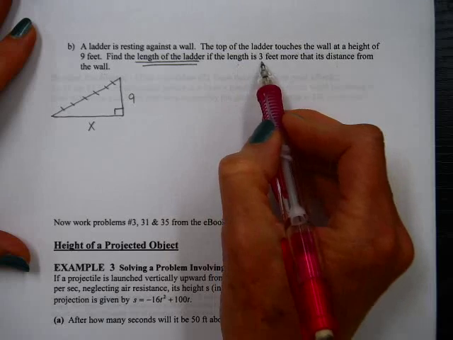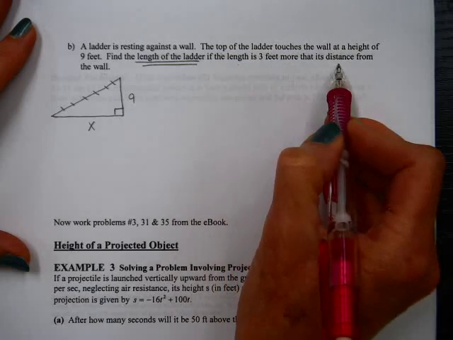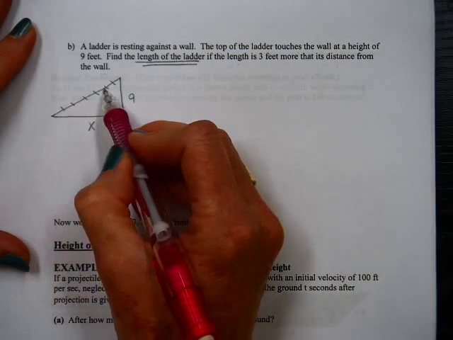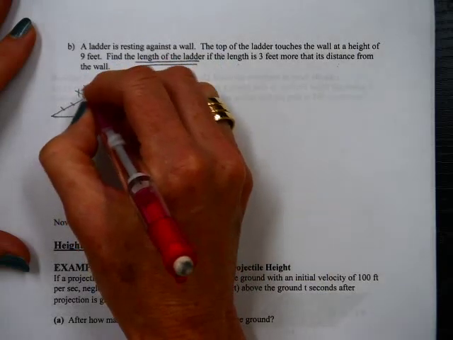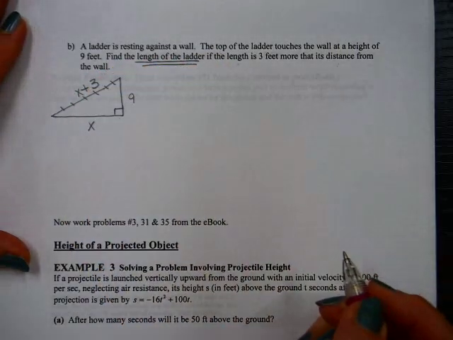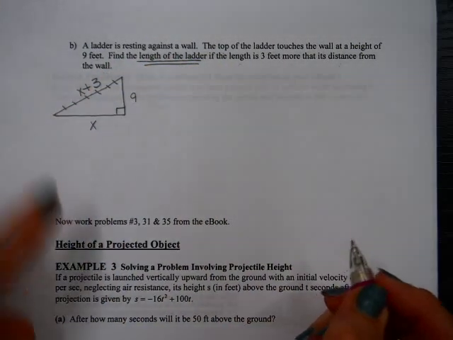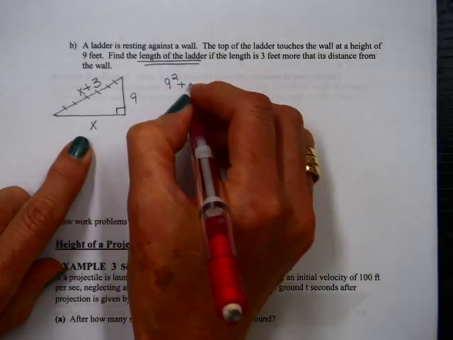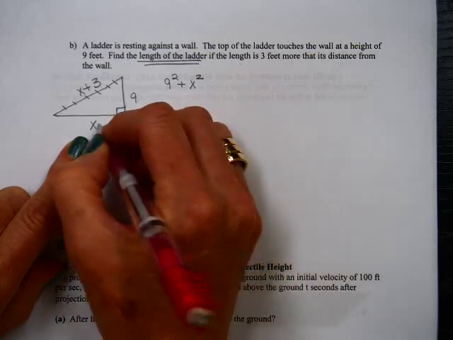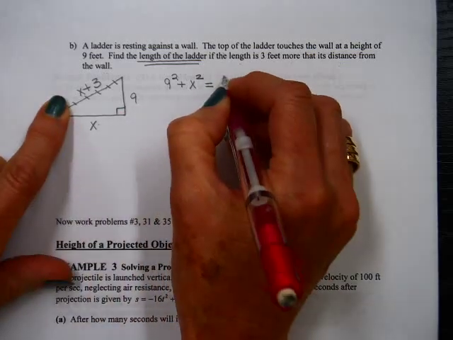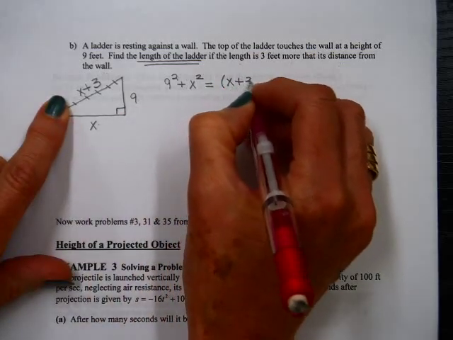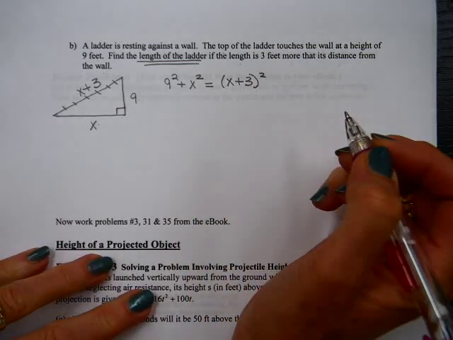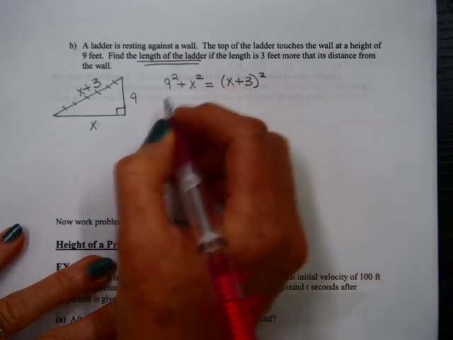The length is 3 feet more than the distance from the wall, so this has got to be x plus 3. All right, your Pythagorean Theorem says 9 squared plus x squared, the two legs squared, is equal to your hypotenuse squared. All right, so let's solve it.